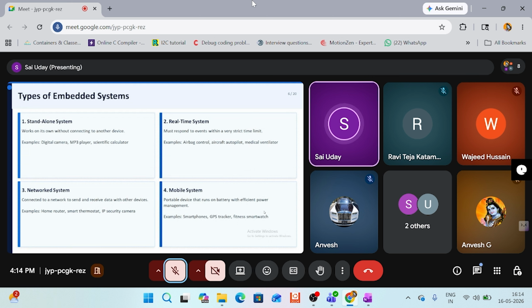The last one is mobile systems, which are portable and focused on power-efficient devices.